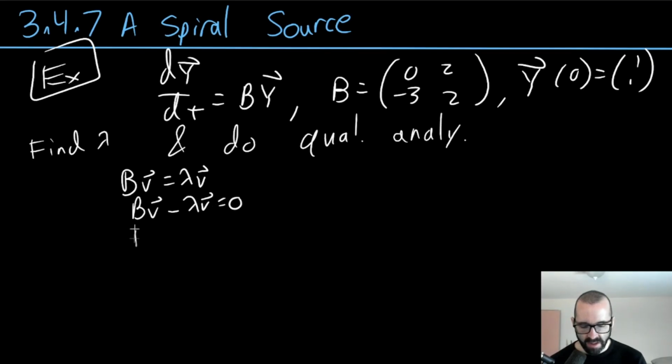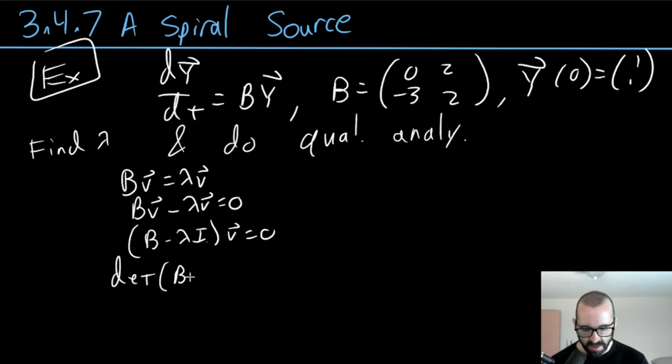The way we can do this is essentially B minus lambda times I, where I is the 2 by 2 identity matrix. This has non-trivial solutions. Remember, we had a theorem about that. It says non-trivial solutions exist when the determinant of that matrix equals 0. The determinant of this matrix is known as the characteristic polynomial.